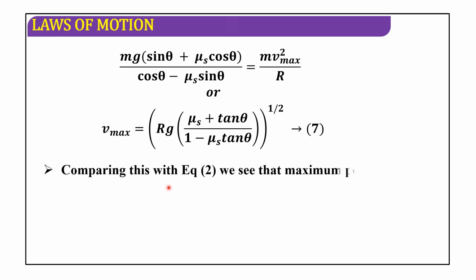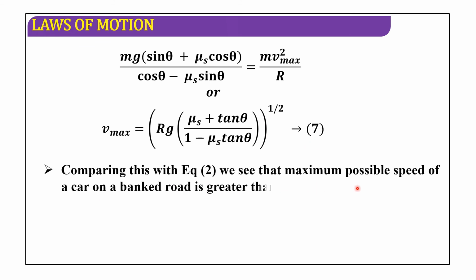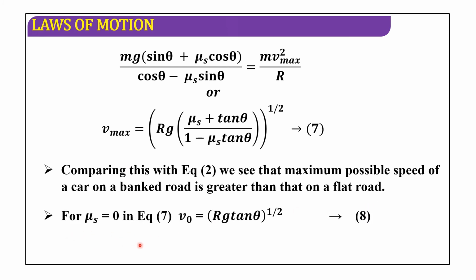Now comparing this with equation 2, we see that the maximum possible speed of a car on a banked road is greater than that on a flat road. For mu s equals 0 in equation 7, V naught equals Rg tan theta whole to the power of half. This is equation number 8.